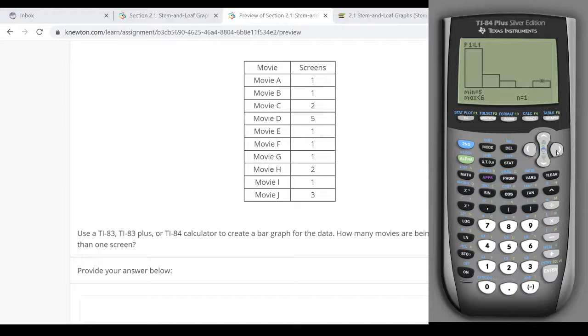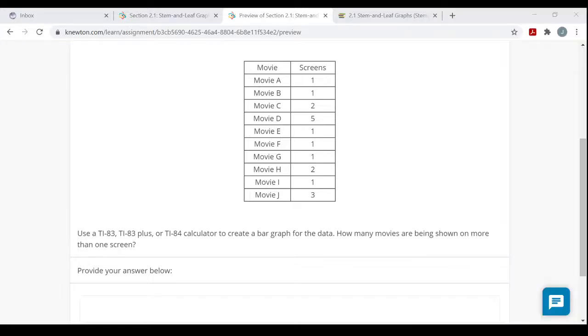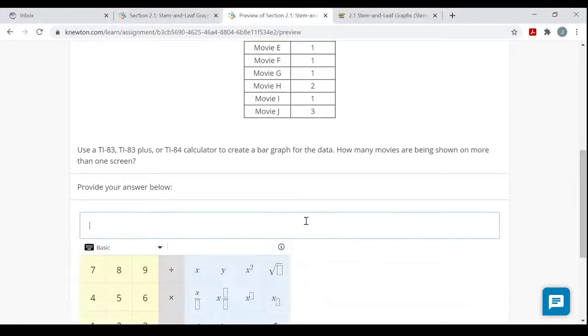And then how many movies are being shown on 5 screens? N equals 1. And you've got 1 plus 0 plus 1 plus 2. That's 4 movies being shown on more than one screen, as you could have told me by just looking at the table. All right, 4 movies are shown on more than one screen.